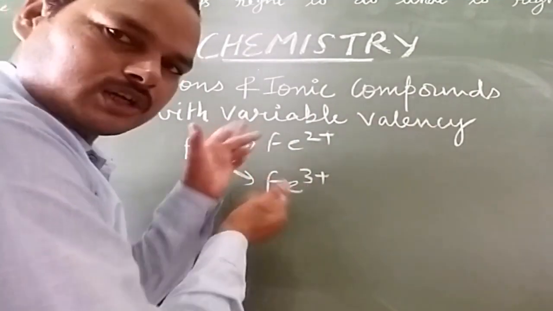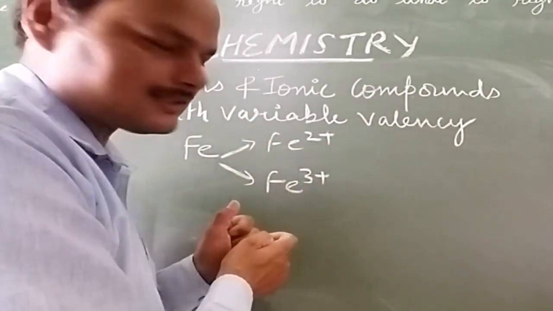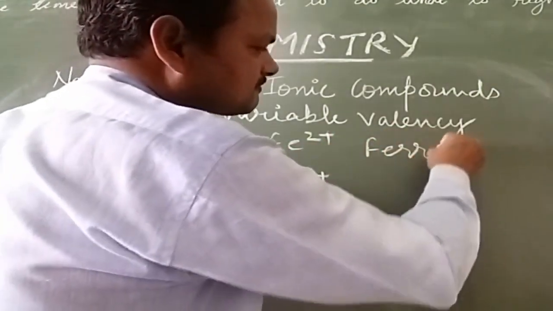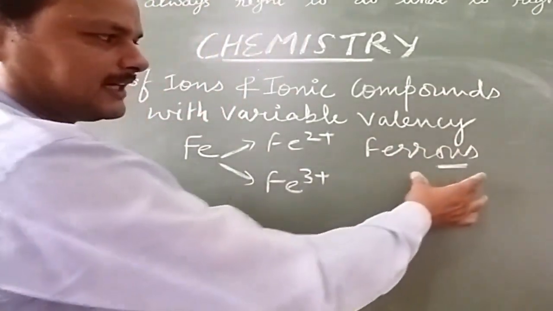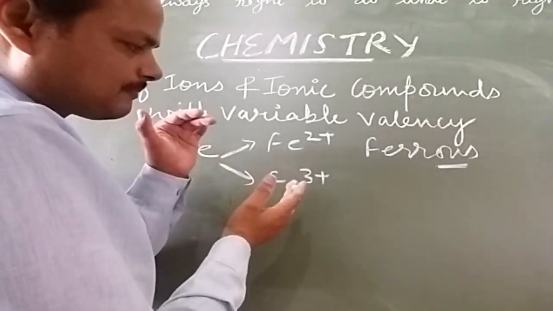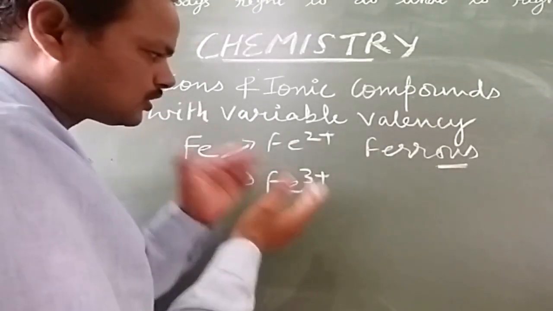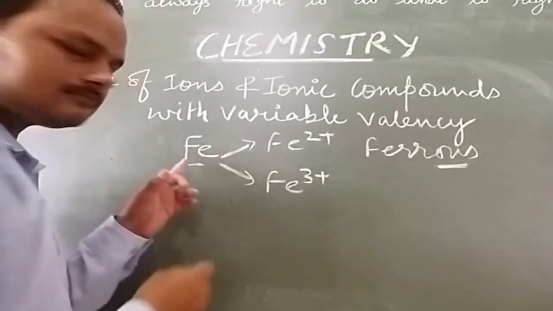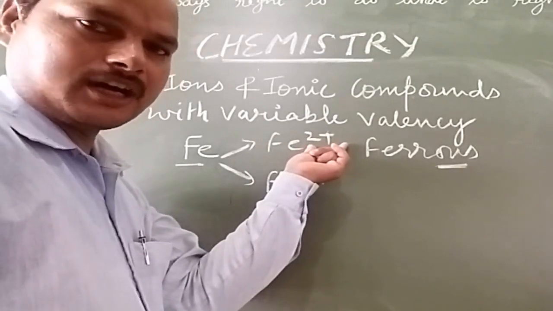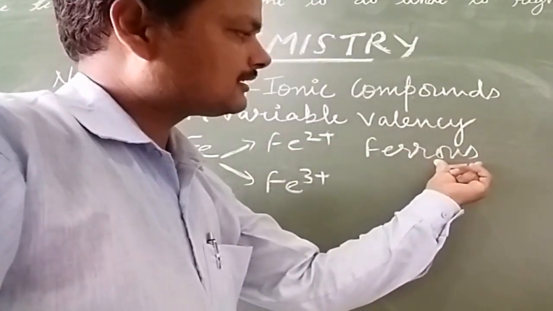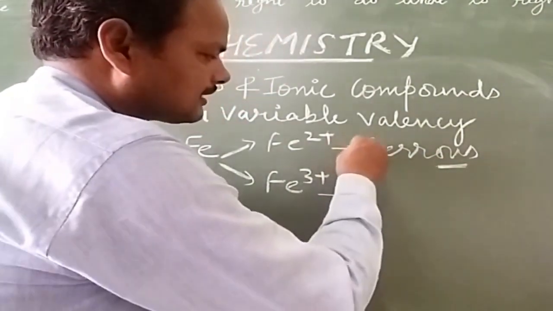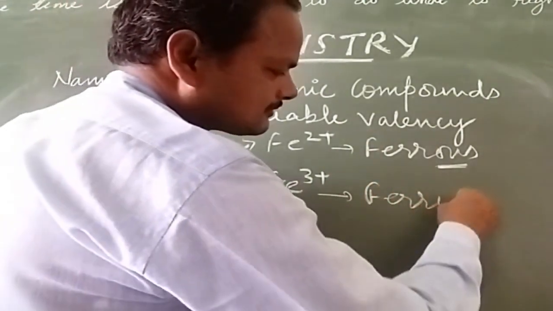According to the old concept of naming ions, the name of this will be ferrous. As I have already explained, for ions shown by any metal, the ion which has the lower valency is written with OUS, meaning ferrous, and for this the name will be ferric.